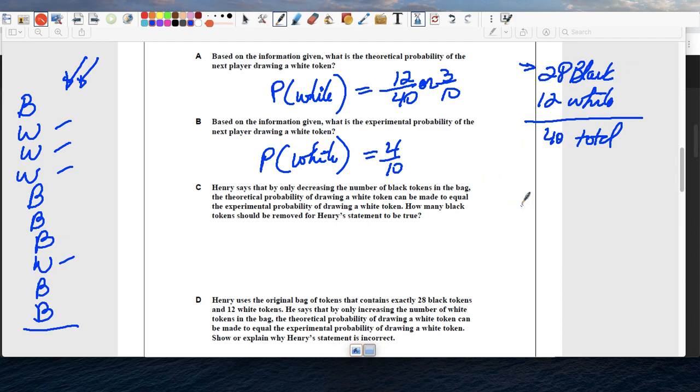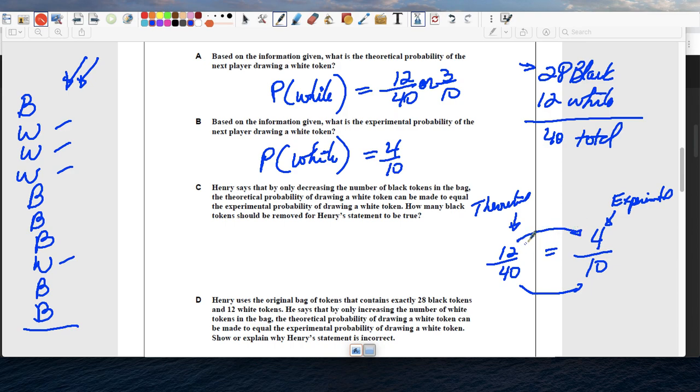This is the experimental, and this is the theoretical. He wants the theoretical, which is 12 out of 40. In theory, to get a white token you had a 12 out of 40 chance, but he wants that to equal this. Now, notice that we can think of equivalent fractions.